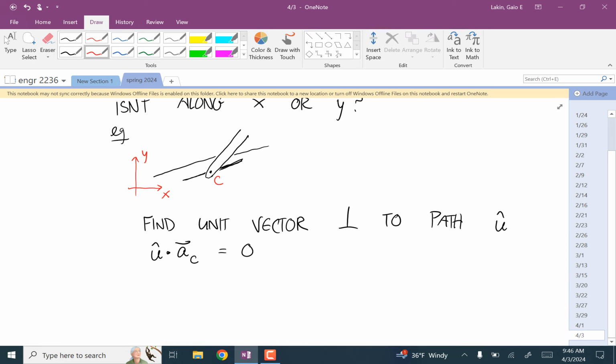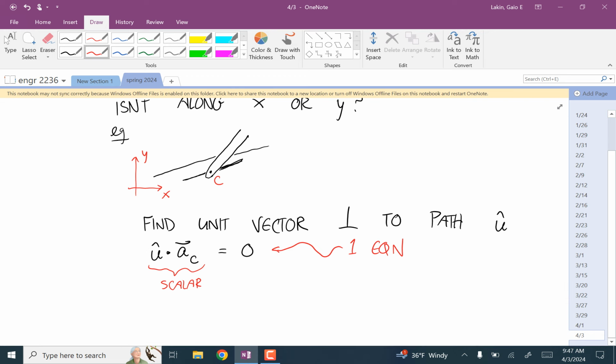Okay, is the dot product of two vectors a vector or a scalar? Scalar, and so this just gives you one equation just like it would if those were along X or Y. Are you with me on that? Anybody have any questions about that?